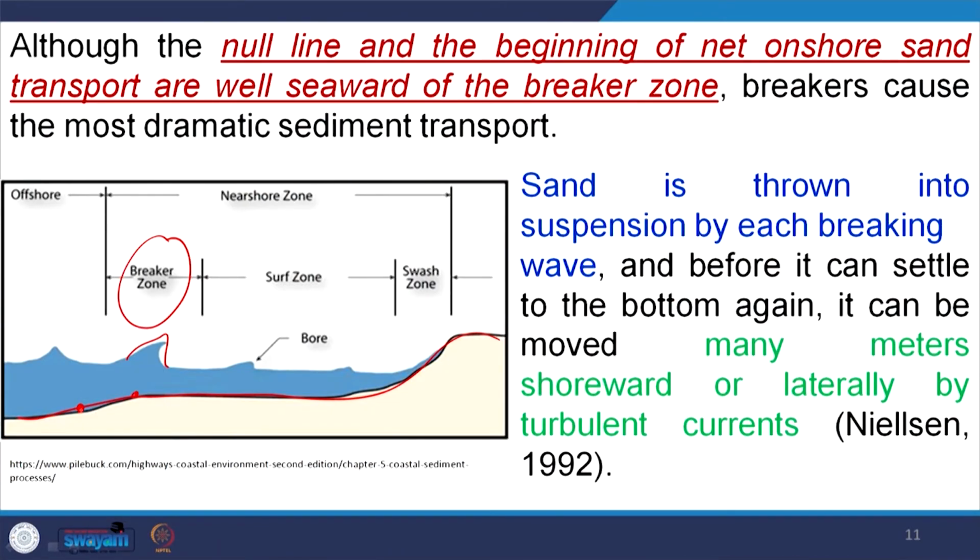Now, if the null point is beyond the breaker zone, we should have most of the sand there rather than here, but that never happens. Why? Once there is a breaker zone, the energy of the wave breaks into different smaller waves.